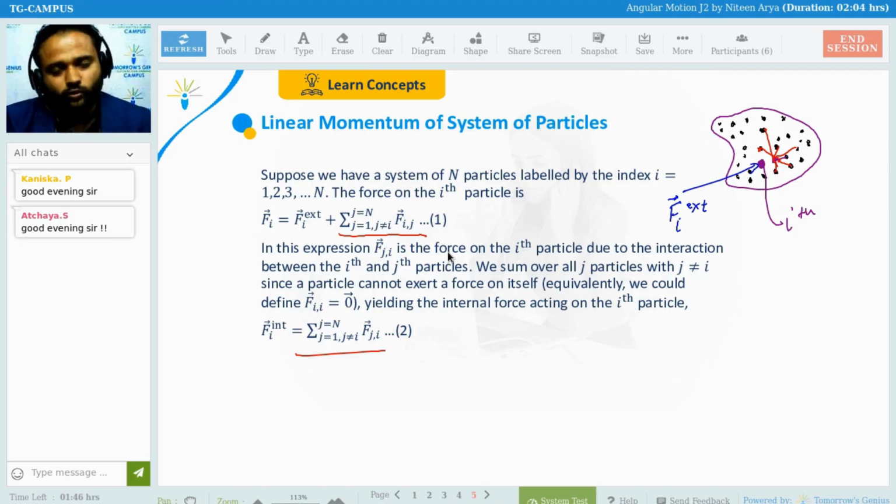Or you can say the total force on the ith particle we can subdivide into two parts: the external force, which we deliberately apply, and the effect of this external force through the other particles. This internal force is what we are going to discuss, and this is the system. The momentum of the system is going to be P1 plus P2 plus P3 and so on. Is this clear?